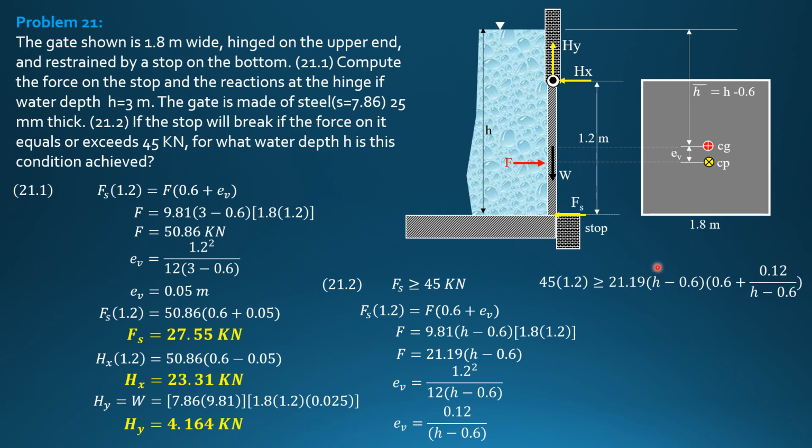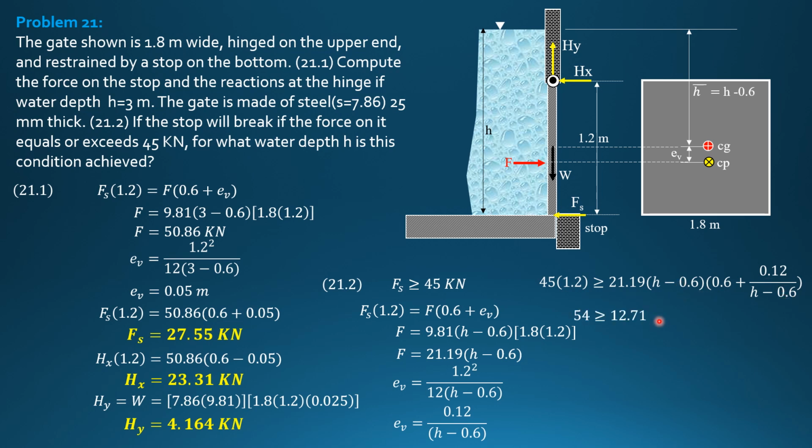So simplifying the right side, 21.19 times 0.6 multiplied by H minus 0.6, then 21.19 times quantity H minus 0.6 times 0.12 over H minus 0.6, so we can cancel H minus 0.6.